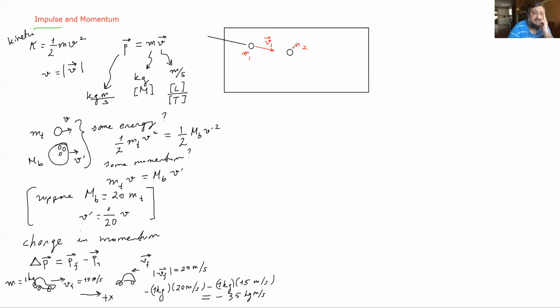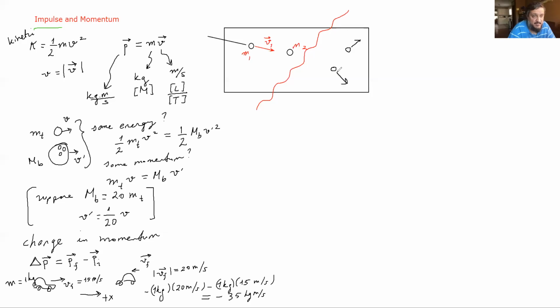Now, when this ball hits this guy, all right, what will happen? Well, M2 will be moving. Let's say this is the first picture. Let me just draw what happens after the collision now. This will be a glancing collision, right? So M2 will now move this way. And M1, which was originally moving this way along the initial direction, will now be moving like this.